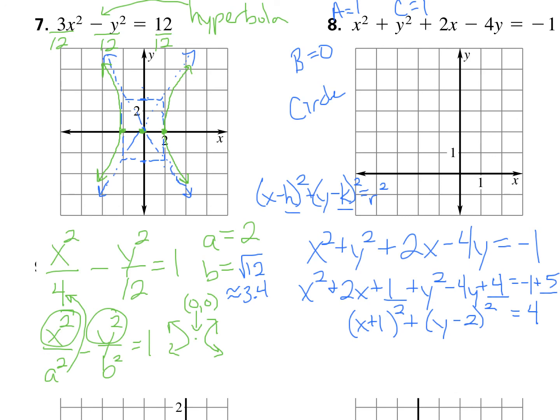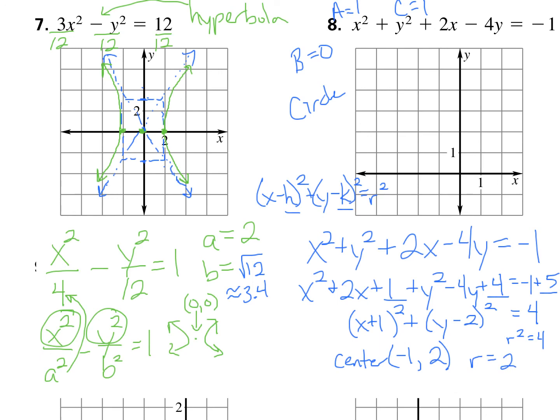So x plus 1 corresponds to x minus h, which means that h is equal to negative 1. So this is my h comma k, my center. So negative 1 for my h and positive 2 for my k. R squared is equal to 4, which means that r equals 2.